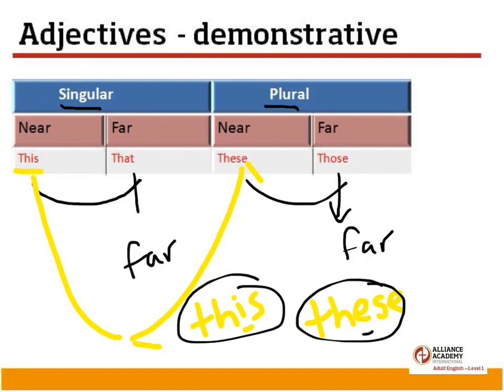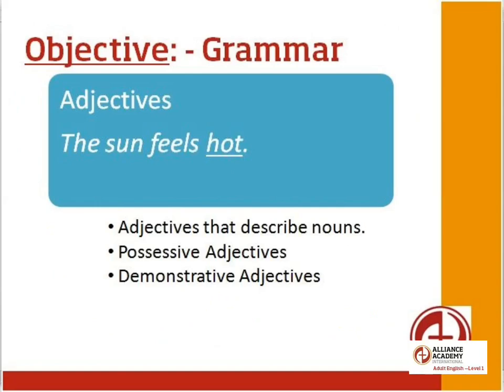Well, that is the objective for the grammar in Module 7. Just a quick review. We're going to be working heavily with adjectives in Module 7. We'll look at how adjectives describe nouns. We will be using possessive adjectives. My car is big.